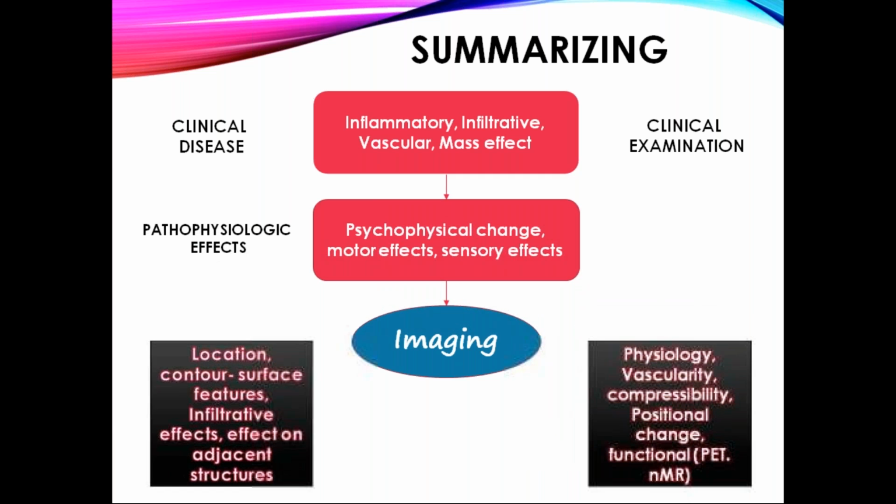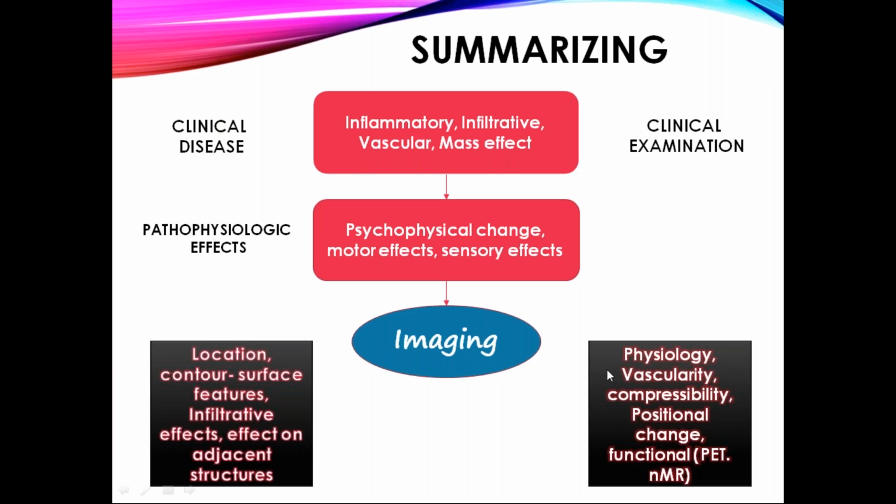So what are the issues you have to localize in imaging? In imaging, you have to identify the location, how the surface is, and what the surface features are, whether it is an infiltrated region, and what the effect of the tumor is on the adjacent structures. All these can be analyzed on imaging.